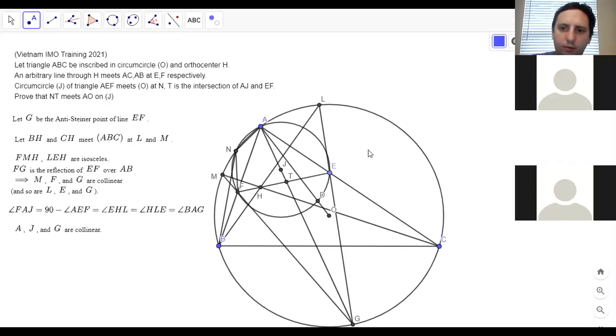So Serdar just wrote a proof. We want to prove that DF over DE equals HE over HF times AF over AE.